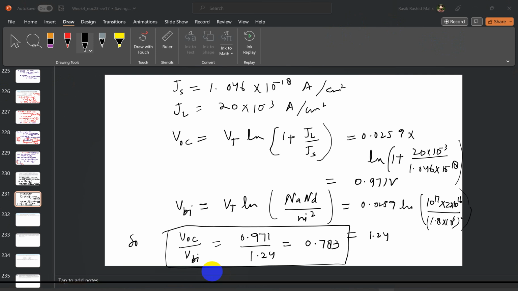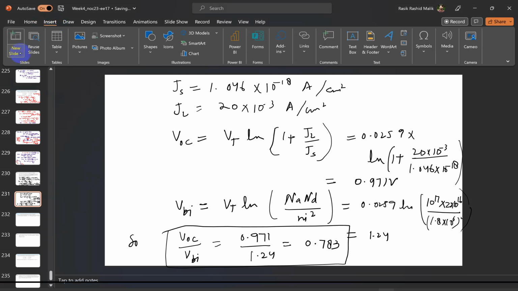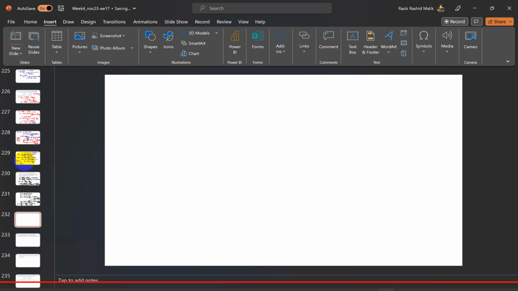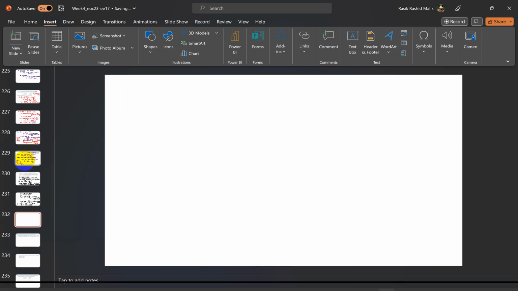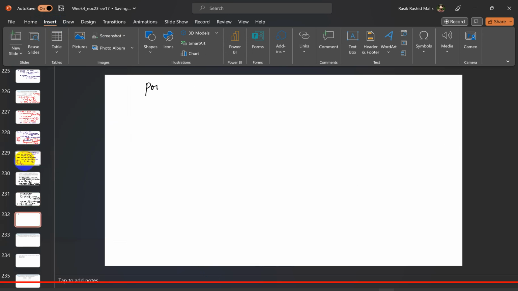Before moving to the next part, I will again discuss the solar cells. Let me insert a new slide here. We'll talk about the power delivered to the load.